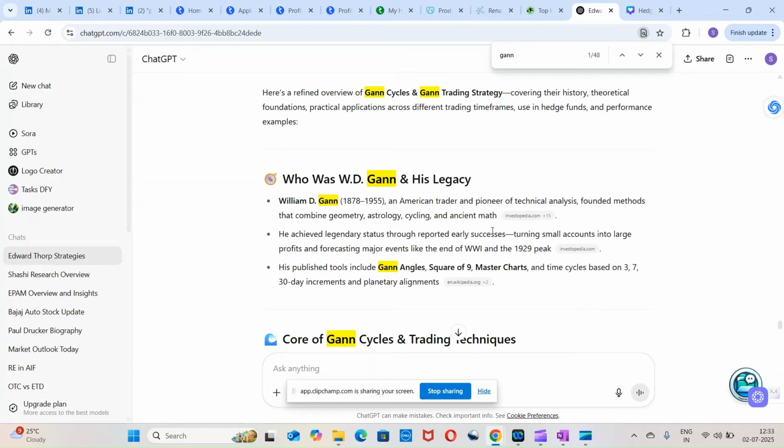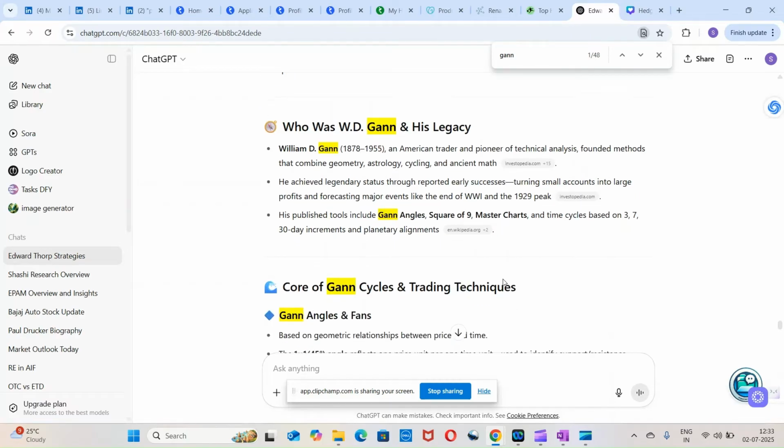He achieved legendary status through reported early successes, turning small accounts into large profits and forecasting major events like the end of World War One and the 1929 peak. So Gann can be used for forecasting, and it is reported to turn a small account into a large profit.